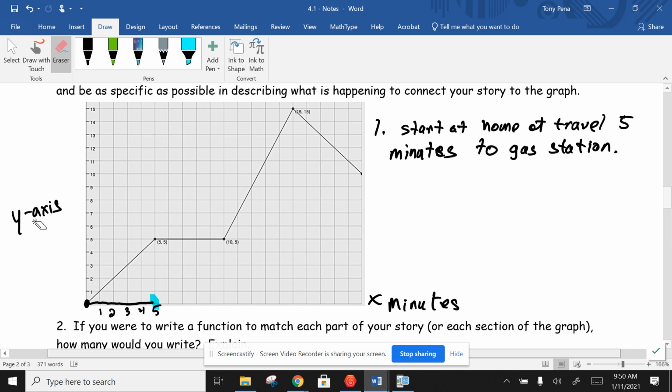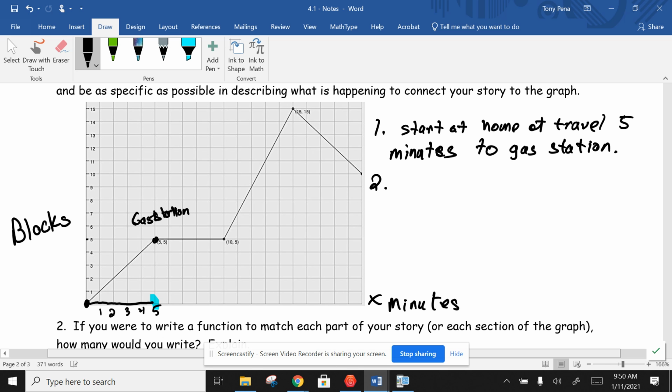So when I label the y-axis, let's say, because most of you probably don't have, well, it's 50-50. Some of you may have your license, some of you don't. So let's say we're walking. So we're going to say this is blocks. So we walked in 5 minutes, we walked 5 blocks, and then this took us to the gas station. All right, so that's this spot.